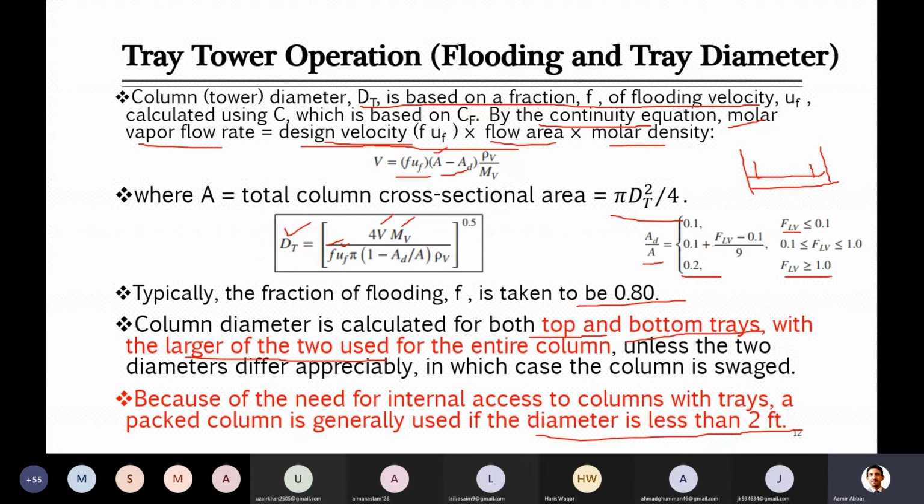Instead of that, we go for the packed tower, and the reason is because when you install these columns inside the industry, in the shutdown periods or after some time, columns need cleaning from inside, and in order to access the column internals, there should be a sufficiently large diameter so that we can arrange the trays in such a way that people can go inside the towers.